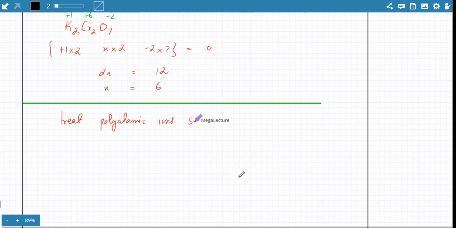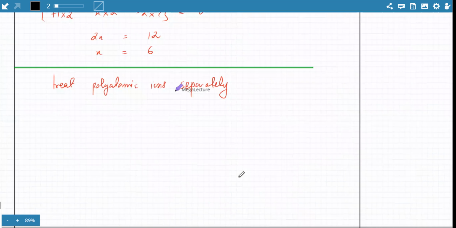I'll give you an example. You have to be very careful doing this. For example, you're given a molecule of ammonium nitrate. Okay, it's NH4+1 NO3-1.